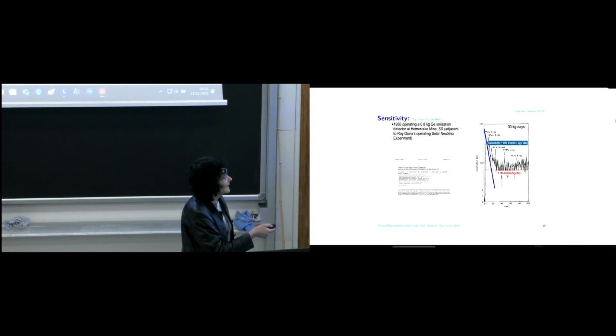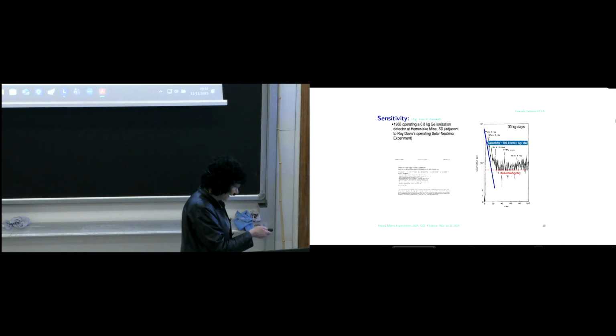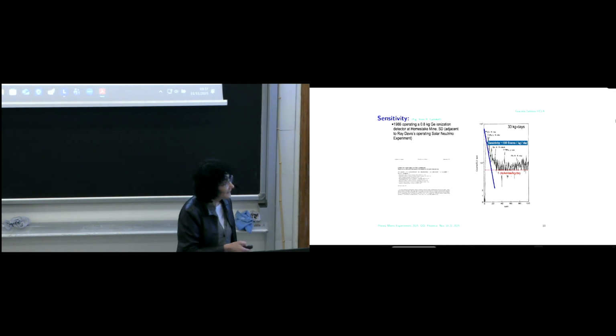So you see what it was. The level was a count per keV electron recoil per kilogram per day, enormous. Now nowadays, this is the experiment of Avignone and Brodzinski. It was a silicon detector.